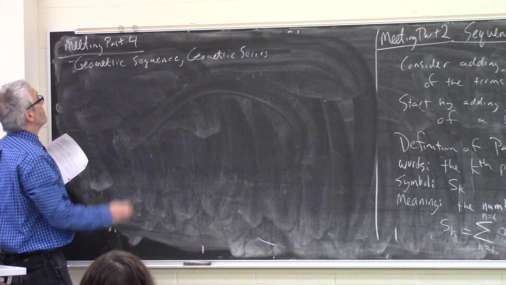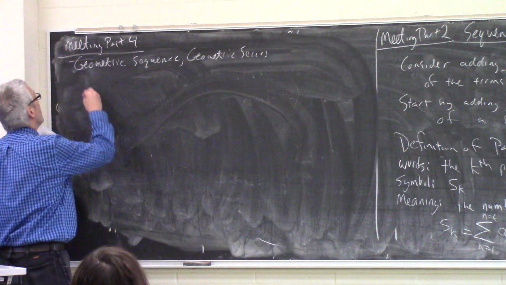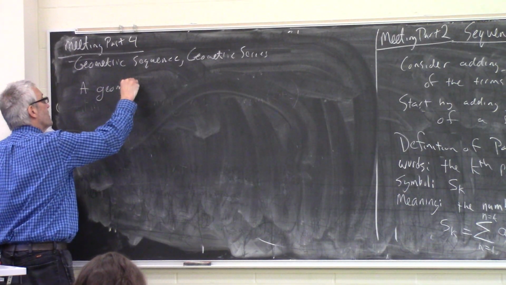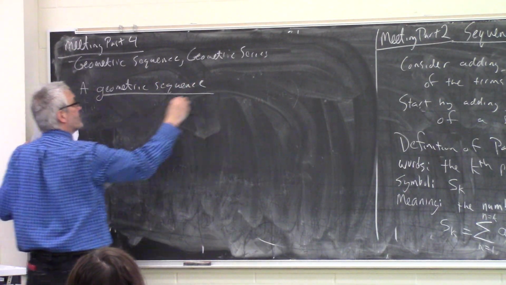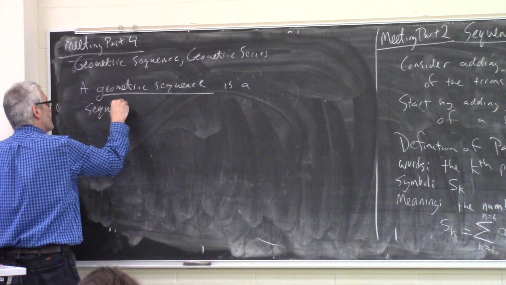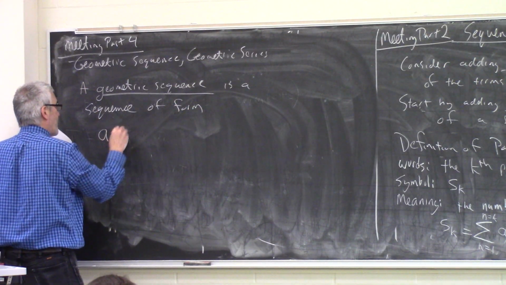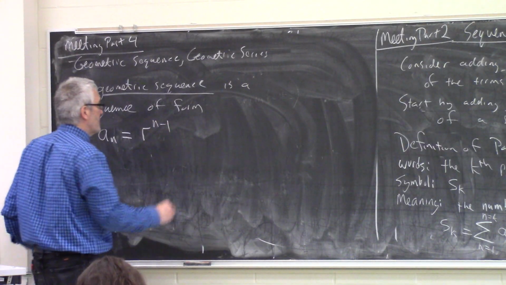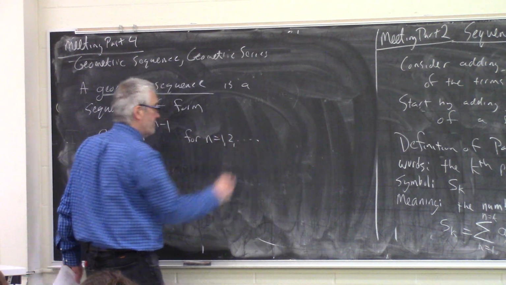So a geometric sequence is a sequence of the form, well, A subscript n equals r to the n minus 1 for n equals 1, 2, and so forth.